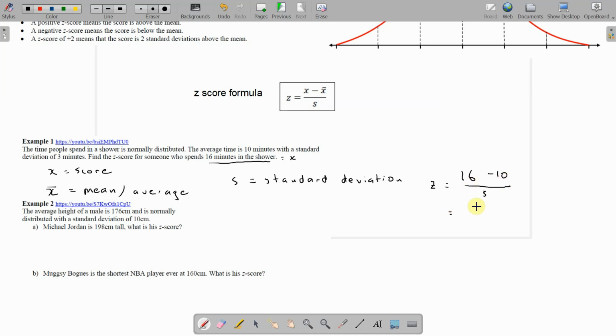Now 16 minus 10 is 6 over 3. You can simplify that to 2. That's our Z score for this one. So he'd be sitting in here somewhere, Z score 2 this side. 10 minutes, 13, 16, he'll be up here on the upper end.